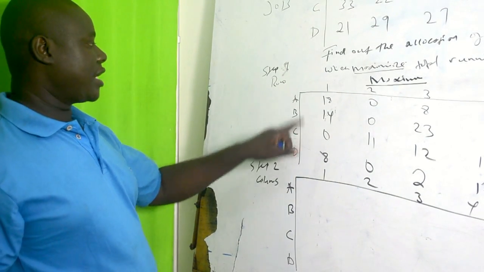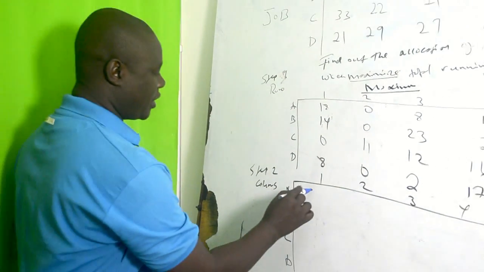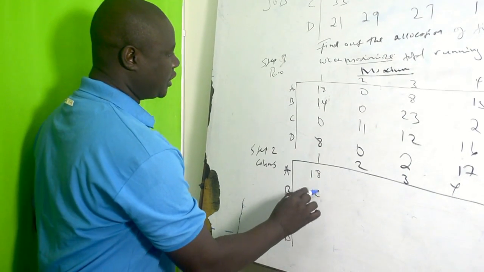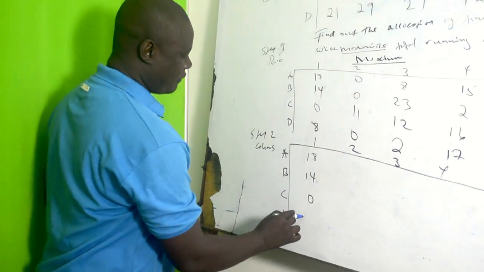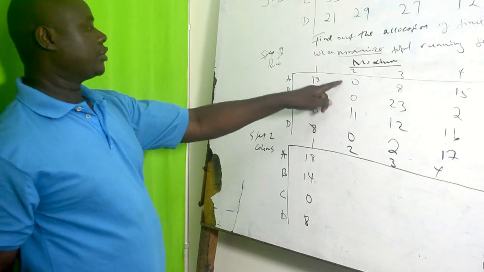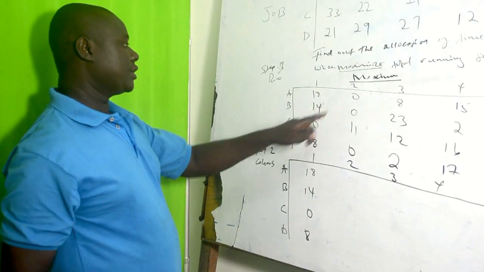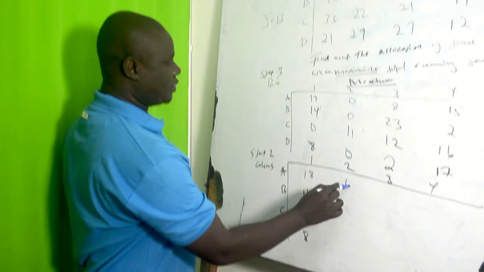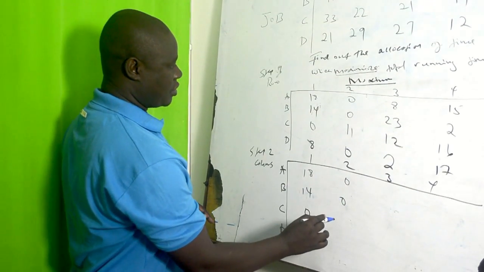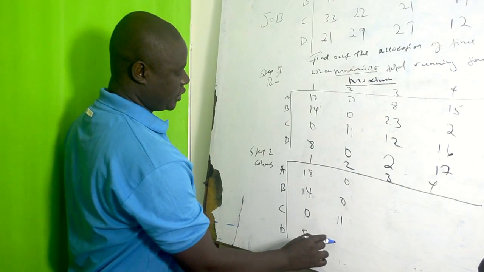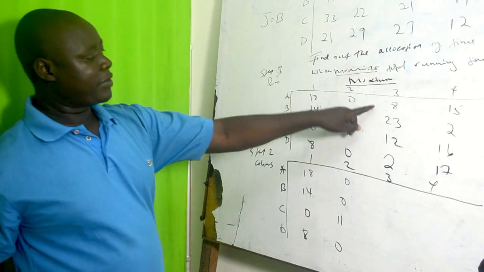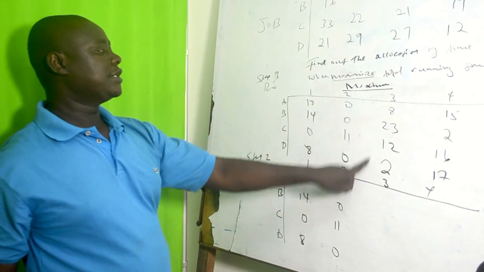So we're going to just write the numbers the way they are. So we have 18, 14, 0, 8. This one also we don't have a problem with because it has zeros. So we have 0, 0, 11, 0. Here we have a problem because we don't have 0.